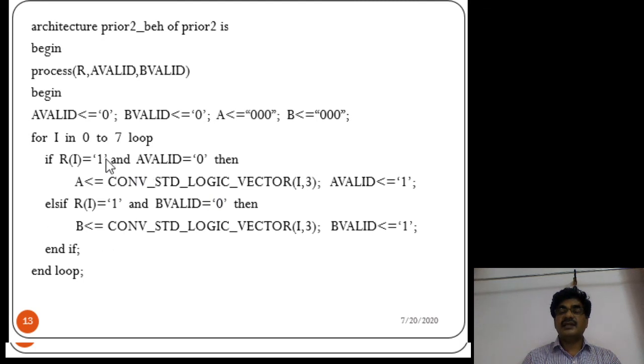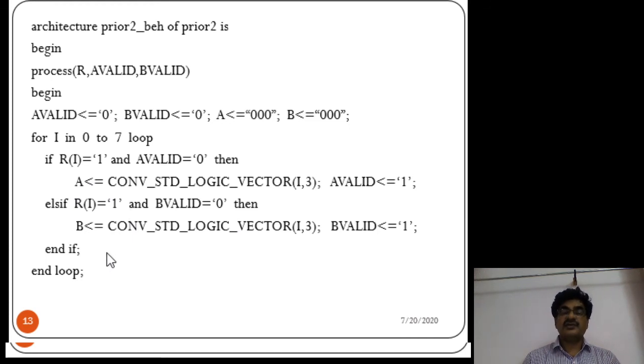Then in the second iteration the first condition fails because A valid equals 1, hence it goes to the else part. Here R of I, that is, R of 1 location data, is checked. If it is 1 and B valid is 0 is satisfied, the binary equivalent of 1 is loaded into B. Like that, this program checks and gives the first priority input and the second priority input. The first priority input you can observe through A, and the second priority input you can see through B.